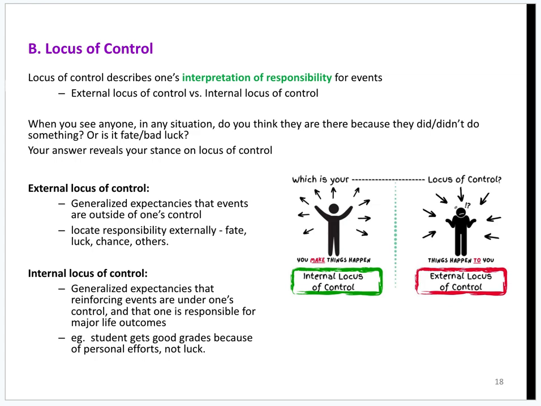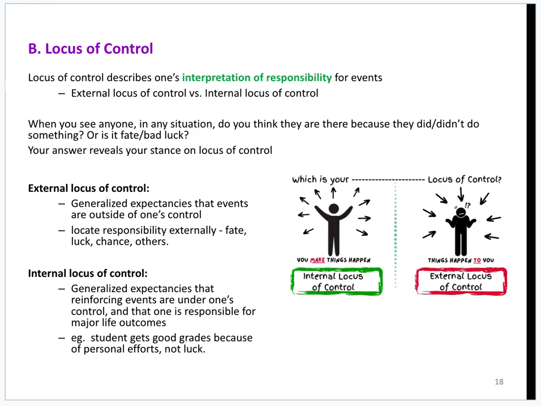Okay? So, external locus of control means generalized expectancies that events are outside of your control. You locate responsibility externally. It's fate, it's luck, it's chance, it's other people. They all did this to you, or you're sort of a victim, right? Like things are happening to you.